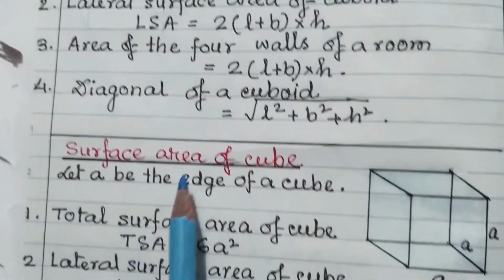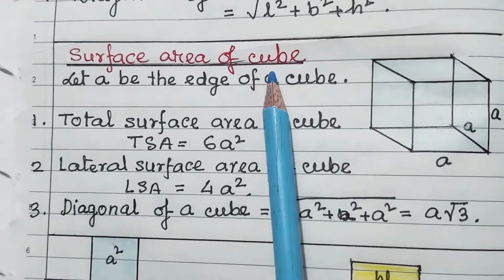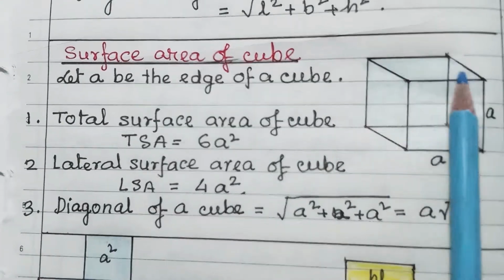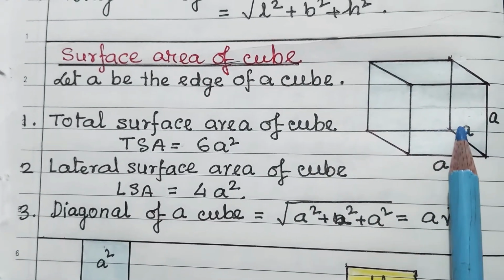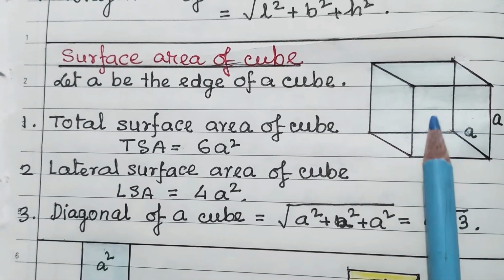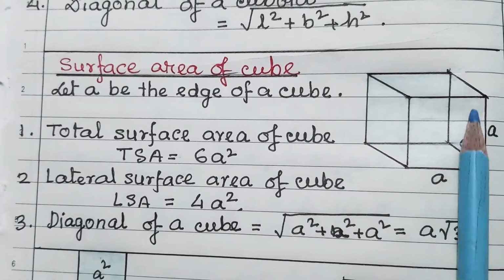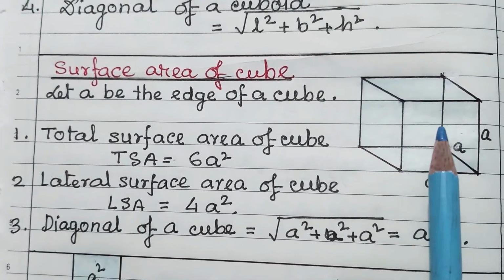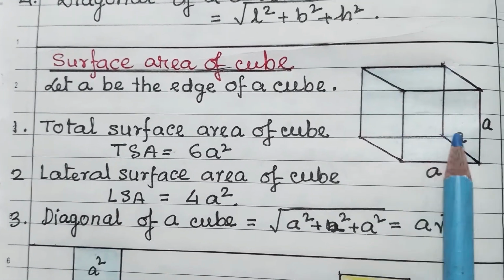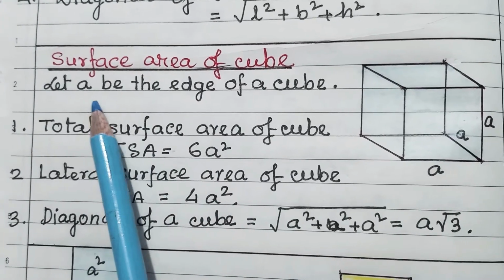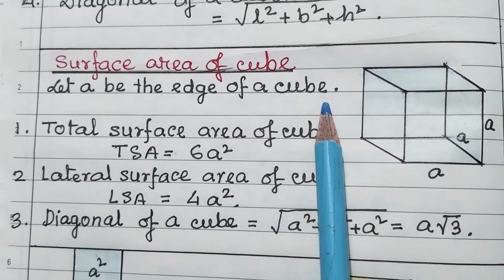Next is the surface area of a cube. A cube is the shape of a die. You can take an example: a die has all faces equal in length, so equal in area. There are 6 faces. Let A be the edge of the cube.